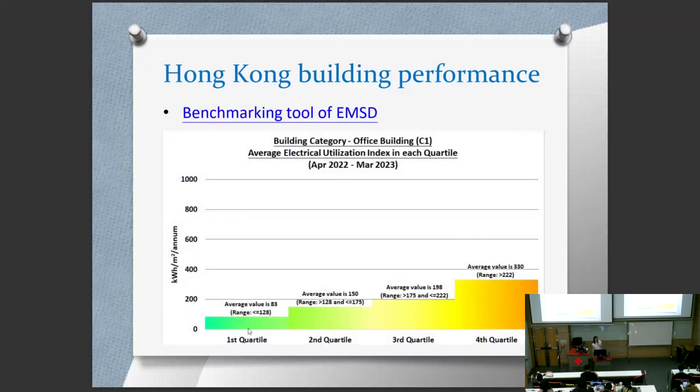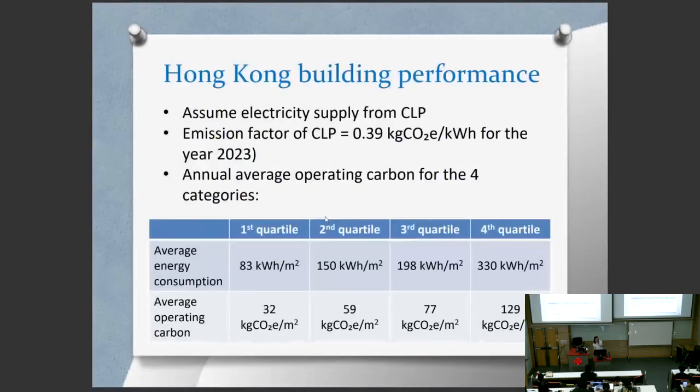Okay, so the first quartile, the average is 83. Okay, for the first quartile, for the group of office buildings which consume the least energy, the average is 83 kilowatt hour per square meter. So if we use an emission factor of 0.39, then we can convert 83 kilowatt hour per square meter into 32.